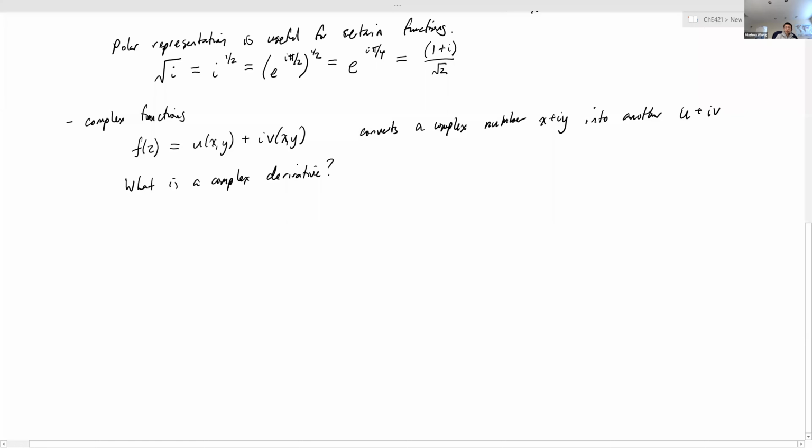For instance, if you have a complex function that looks like this, it's a perfectly upstanding function, and you can take a derivative of that. Can anyone guess what the derivative of that complex function is?